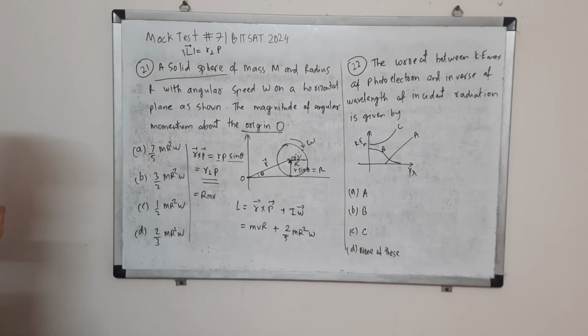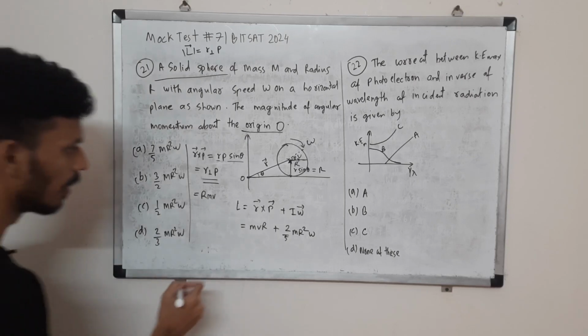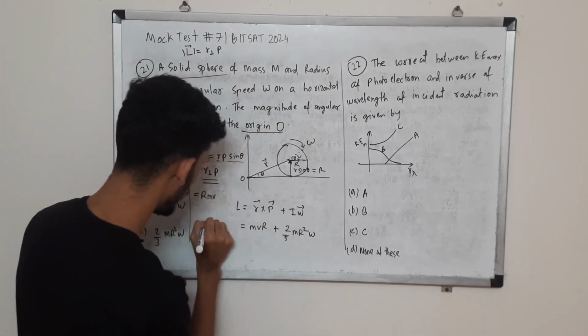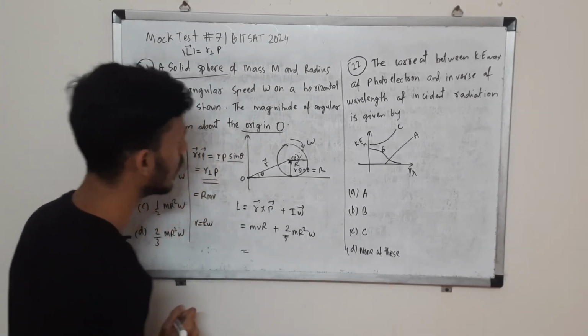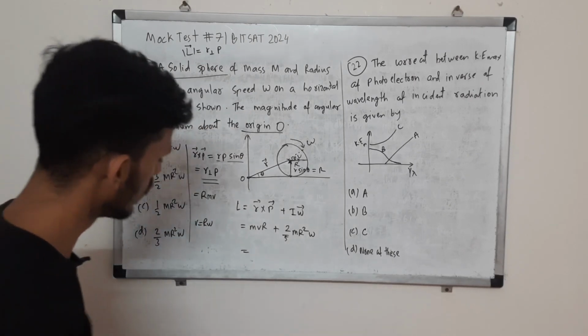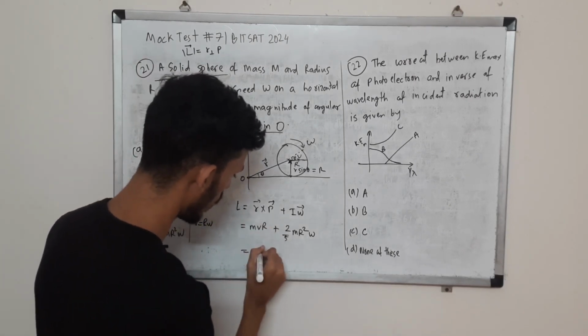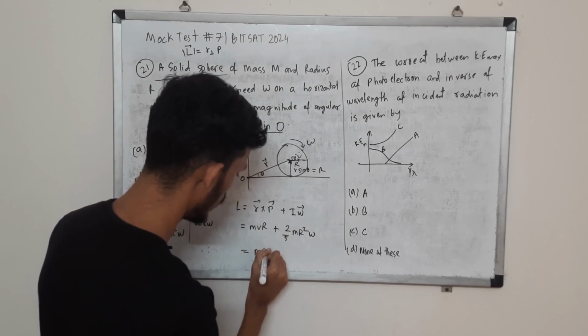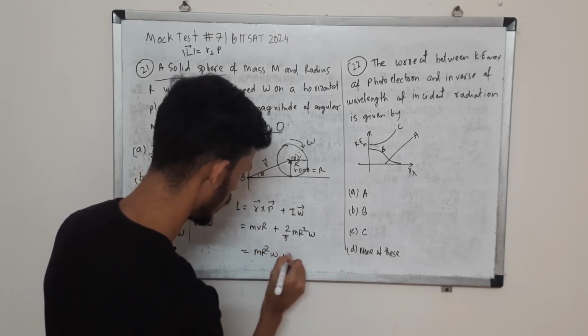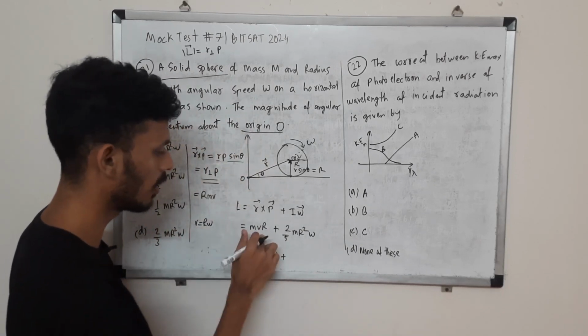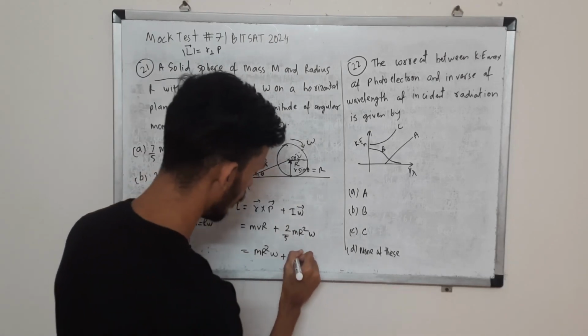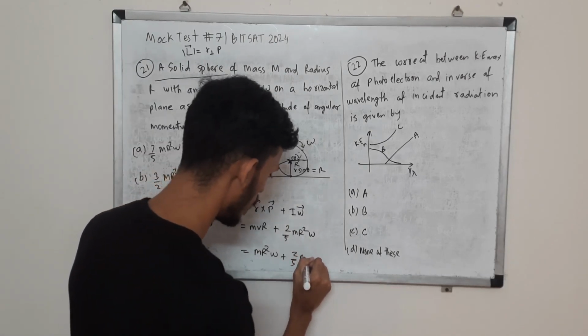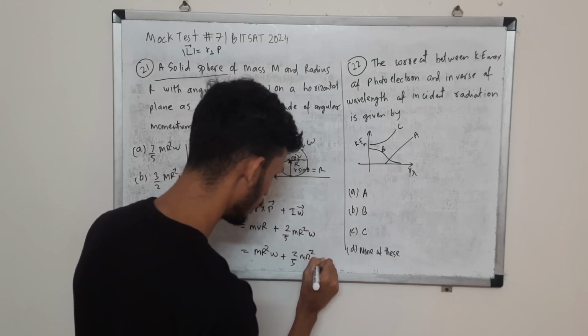What can we do more? I'll convert this v as r into omega. Use the pure rolling condition. So v is r omega. So this will become m r omega square, right? If you substitute v as r omega, this is r square omega, plus 2 by 5 m r square omega.